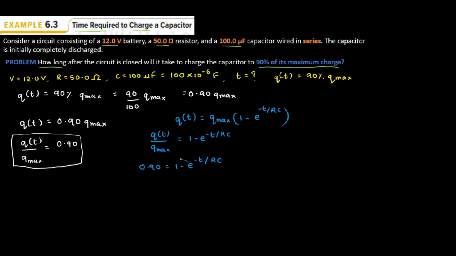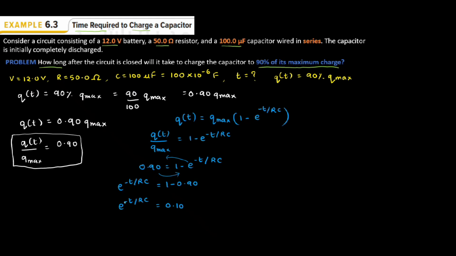We move the e term to the other side and 0.9 over here. We get e to the power -t by RC. Since there was a negative sign here, when I move it to the other side, this negative will become positive. The 1 positive, when I move it to the other side, will be subtracted. So you have e to the power -t by RC equals 0.10.